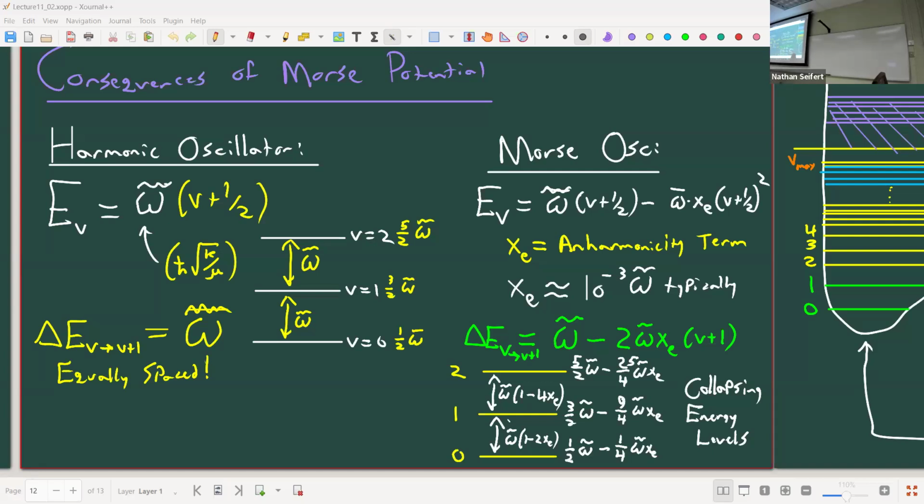They're all spaced by this harmonic frequency. So every transition, every absorption, if you will, between two different levels, 0 to 1, 1 to 2, is all at the same frequency, omega. So you get this really, really simple energy level spectrum for a molecule.